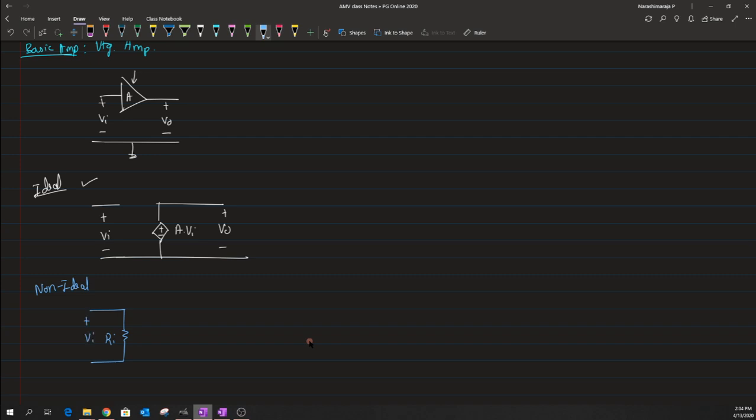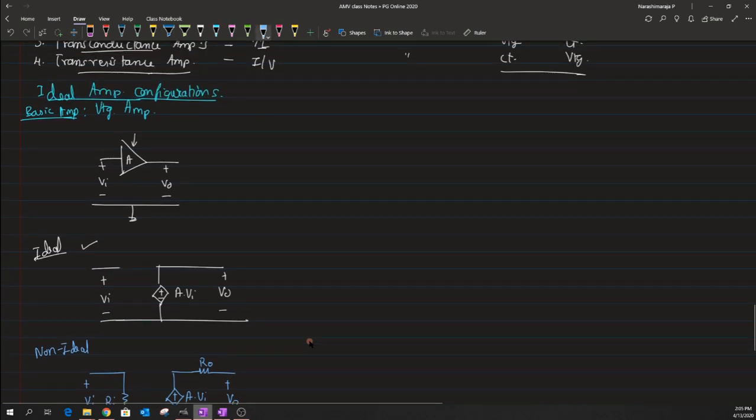This is the non-ideal basic amplifier, and even this voltage source will also have a non-ideal resistor, but this resistor will be in series as Ro. And again one could have this Vo defined something like this.